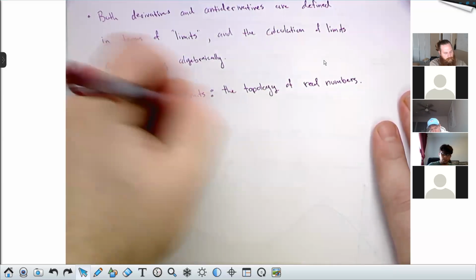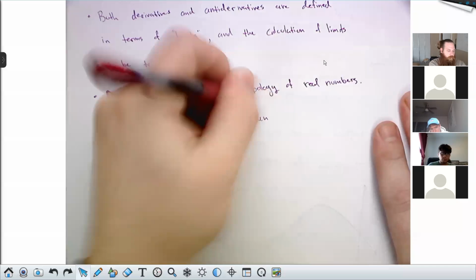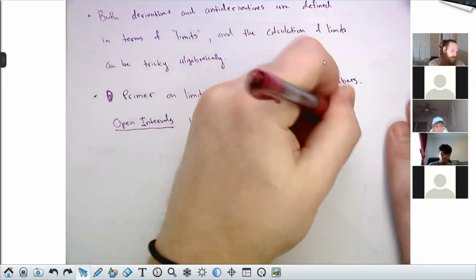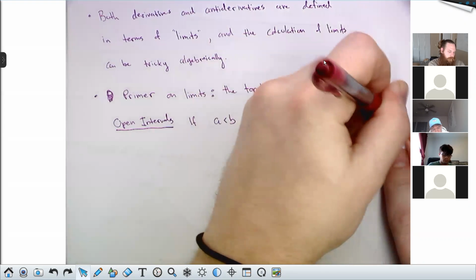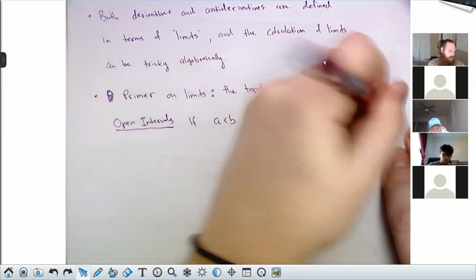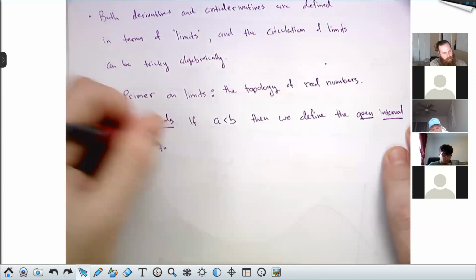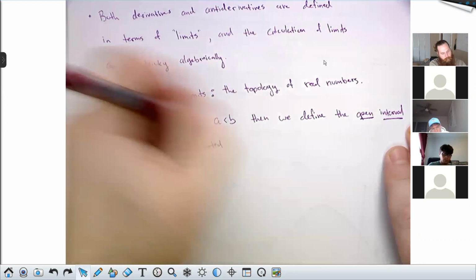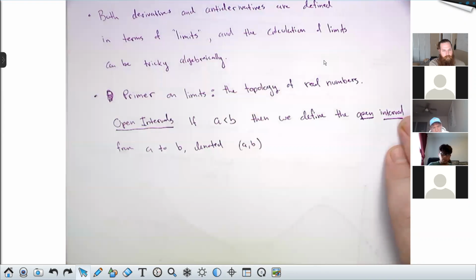If A is less than B, then we define the open interval from A to B, which is denoted by these parentheses (A, B), close parentheses.